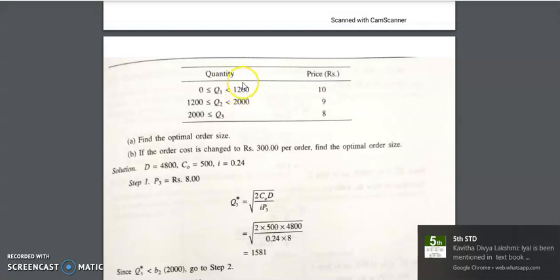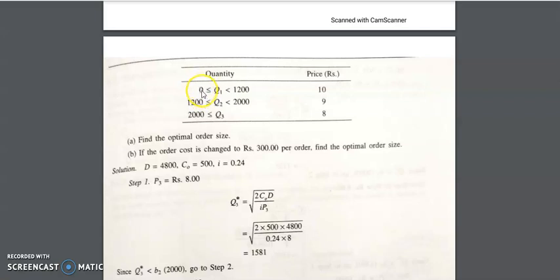So 1200 is B1 and 2000 is B2, and Q is the quantity that you calculate. With the different price breaks, you need to understand which would be the optimal price break that will benefit you more.